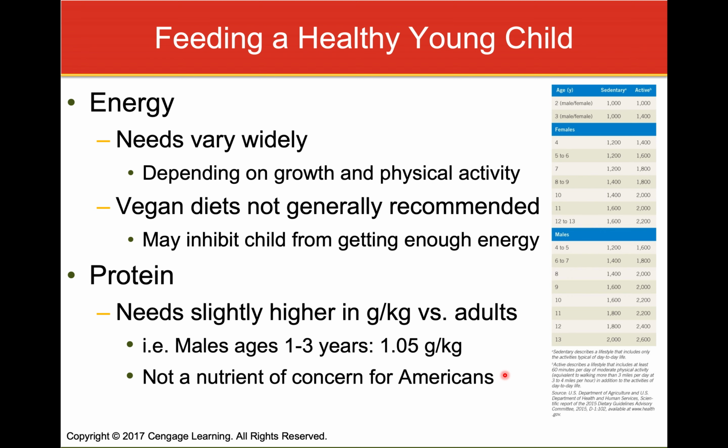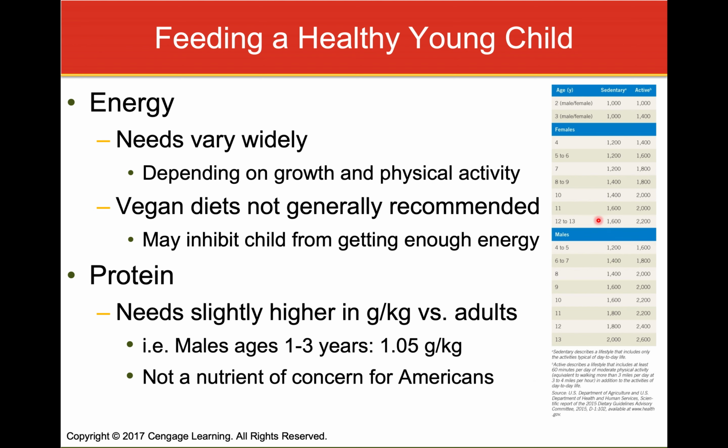So you can see on the right here how males and females, and then by age you have specific energy recommendations, and of course those are going to be increased if you're active. Now some of you guys will look at this, right, and think back to your diet analysis projects, right?